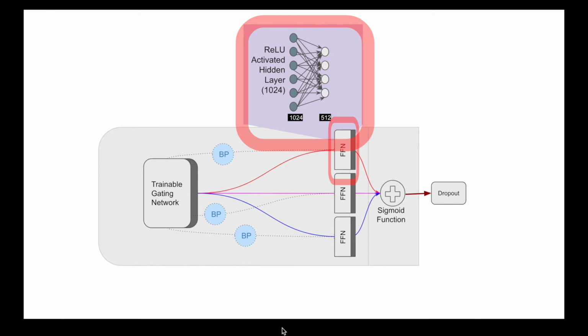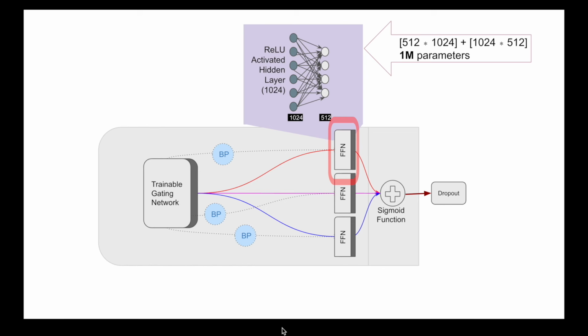And when these layers are fully connected, each feed-forward network expert contains about 1 million parameters, and the math is already given in front of you. Adding more layers to each feed-forward network, or expert, can increase the parameters at each expert level.